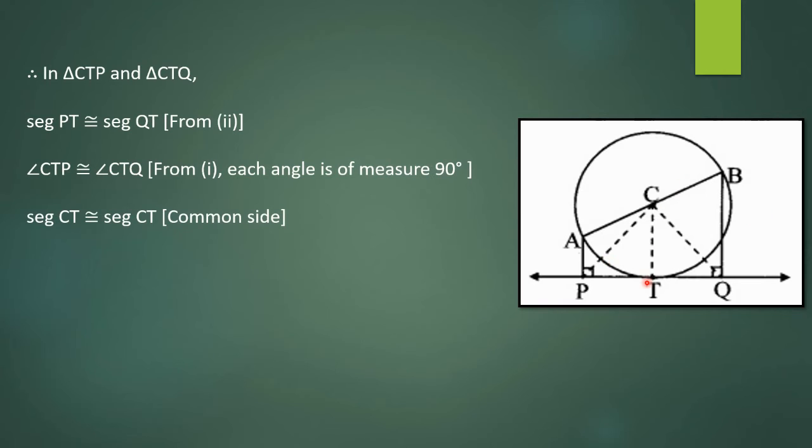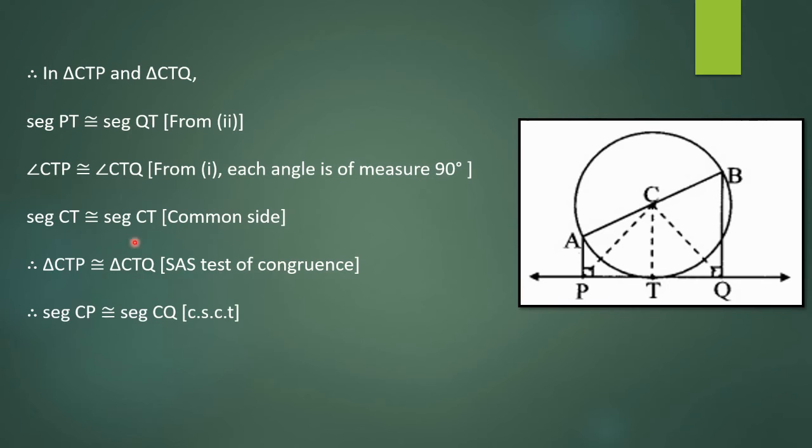And segment CT will be congruent to segment CT itself because it is the common side in both the triangles. So triangle CTP is congruent to triangle CTQ by SAS test of congruency because we have proved two sides and one angle to be congruent.